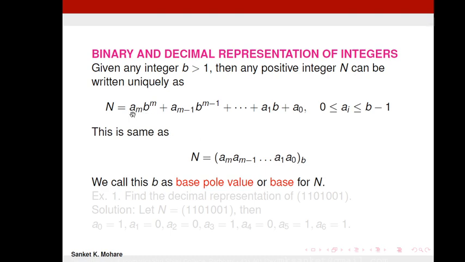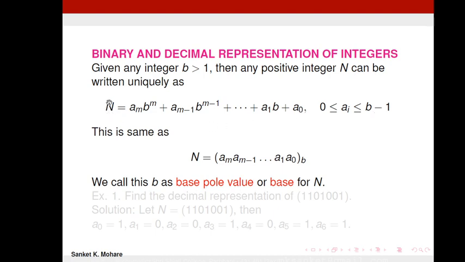So here a positive integer n is represented in this form, and this form is familiar to us. This is a polynomial of variable b whose degree is m. We can treat this as a polynomial, but actually b and the ai's are integers, where all ai's lie between 0 and b minus 1, or are equal to 0 or b minus 1.